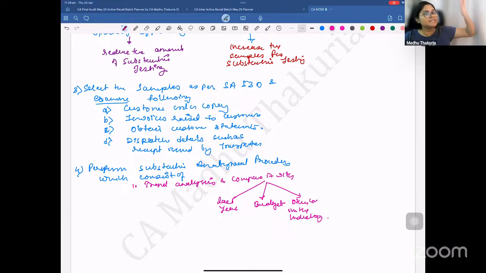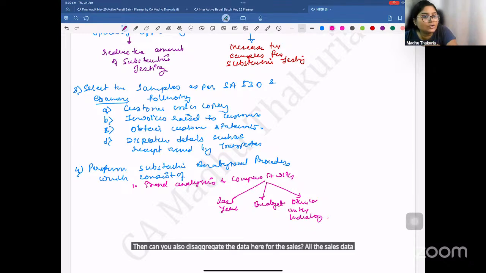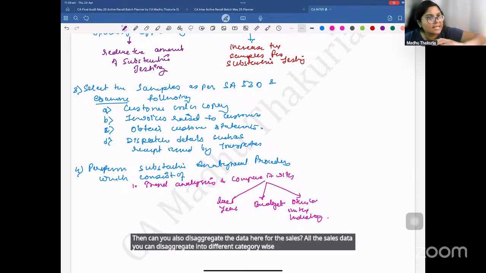Then can you also disaggregate the data for the sales? All the sales data you can disaggregate into different categories. So you can do the same analysis region wise, product wise, however you feel.